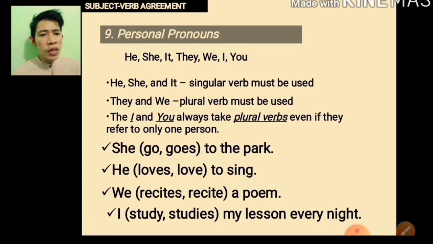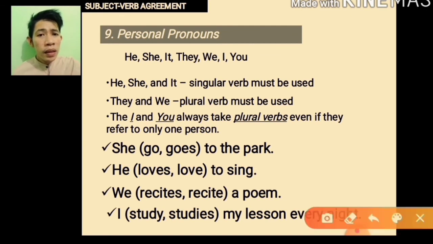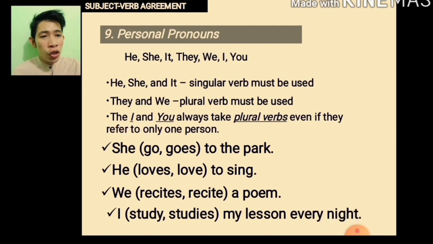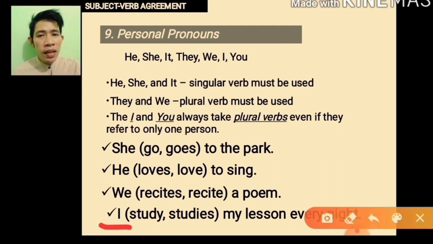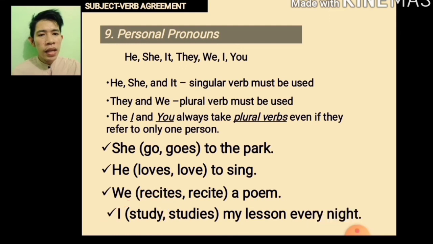So in this scenario, the I and you always take plural verbs kahit they are referring to only one person. So in this case, our subject is I. The rule is if I and you ang subject, ang verb is plural, so it should be study. Okay? So, I study my lesson every night.